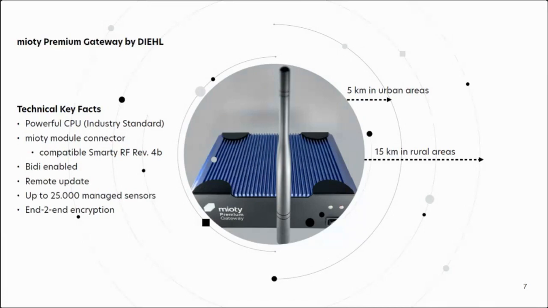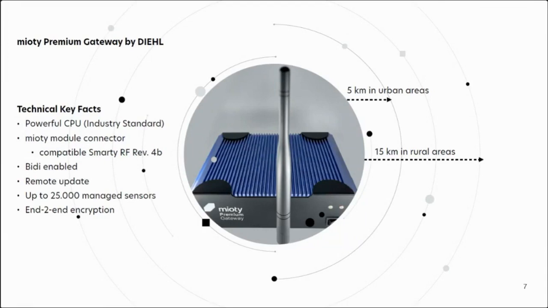And the gateways are powered by industry standard CPUs for such applications, so there is enough calculation power under the hood. And you can connect up to 25,000 Mioty sensors in total.